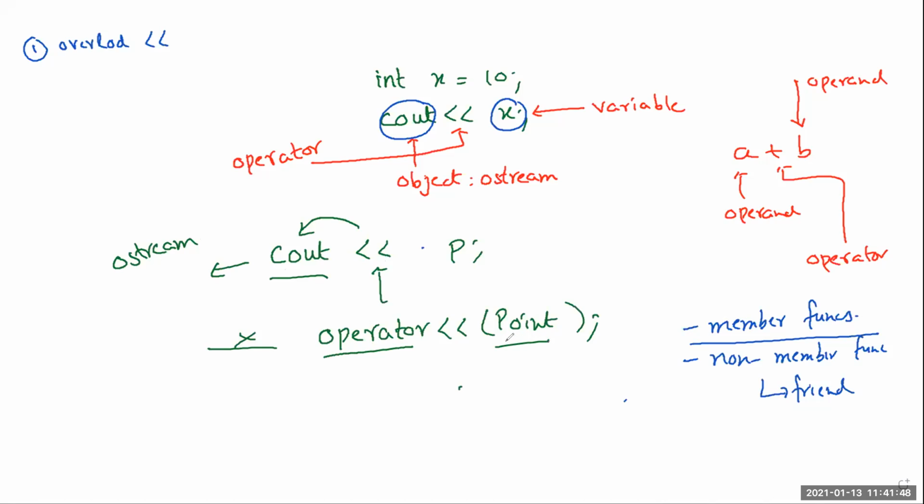This would be input to the function. And where should I make this function? If I'm going for a member function, this function should be made in the class whose object is on the left side. So on the left side, I have cout. cout is an object of ostream. But you see, ostream class, did you write it or did I write it? No. ostream class is already available.